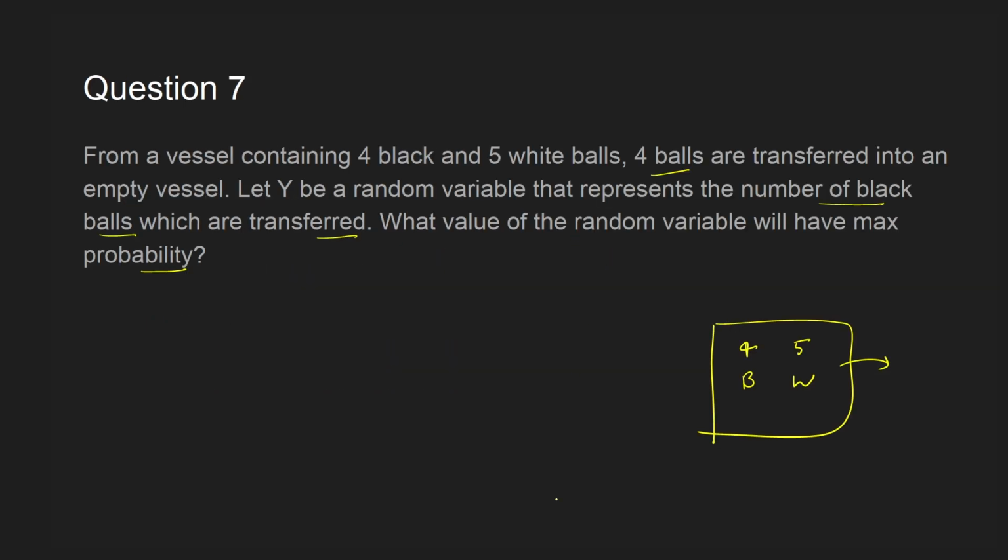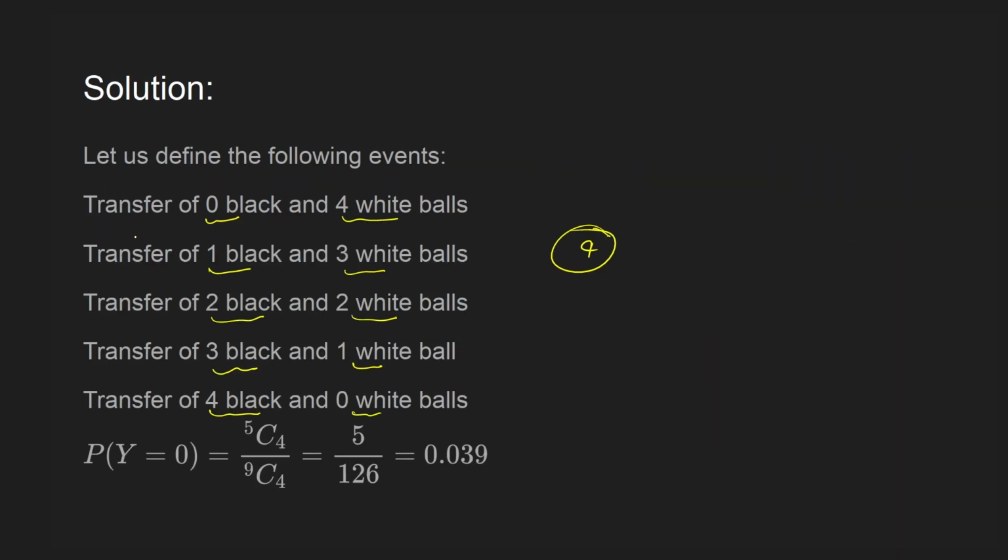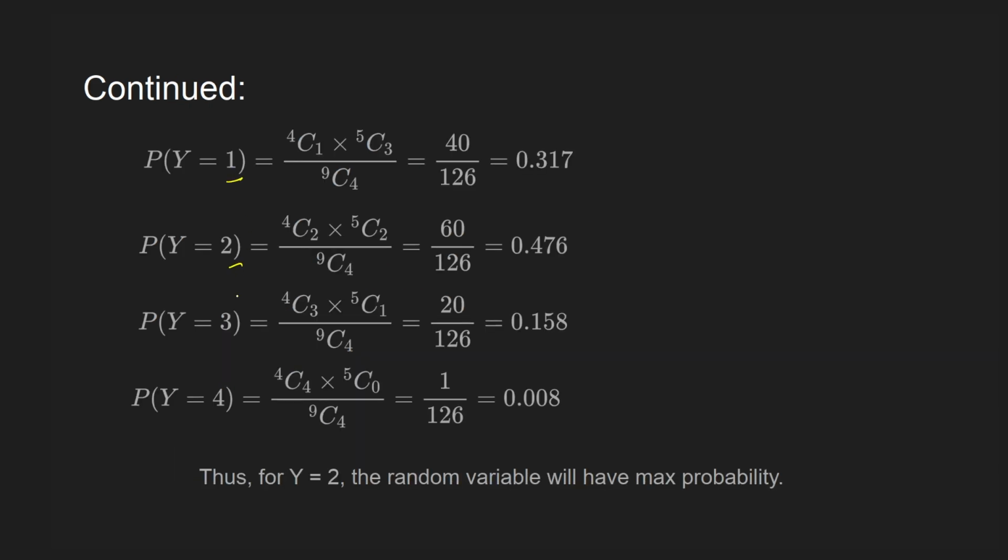Now we have to find the value of the random variable Y for which the probability is maximum. Here Y represents the number of black balls, so the number of black balls could be 0, 1, 2, 3 or 4. So the random variable will take values 0, 1, 2, 3 and 4.